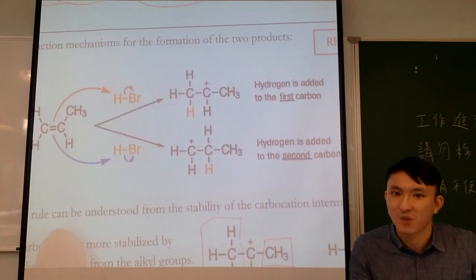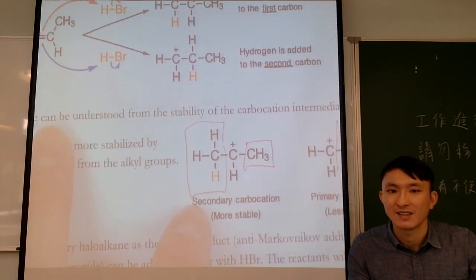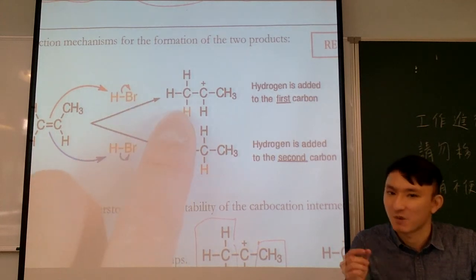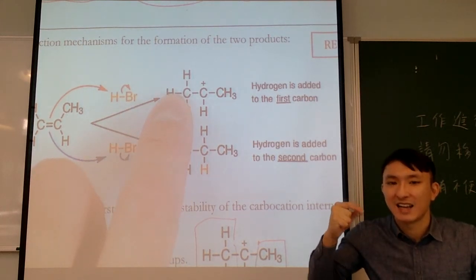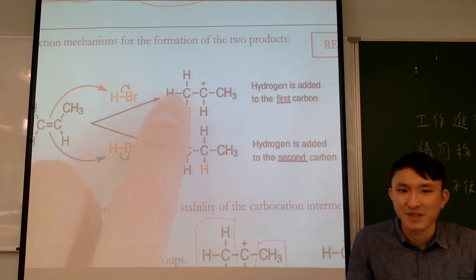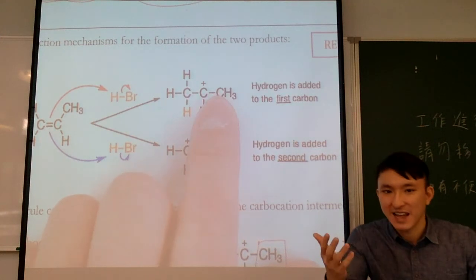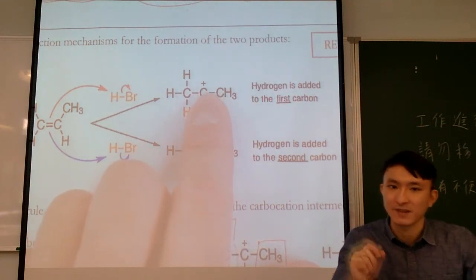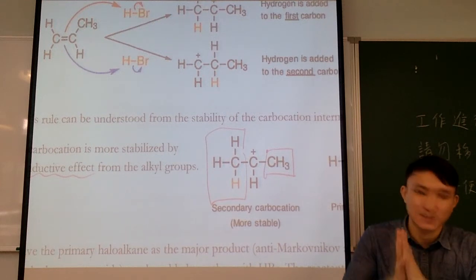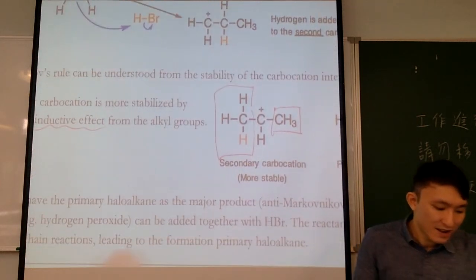And this is the reason why this one is more preferable, and why the hydrogen atom will be added to the less substituted carbon. Later on, the bromine atom will inevitably be added to this carbon, forming the major product. So that would be the explanation.